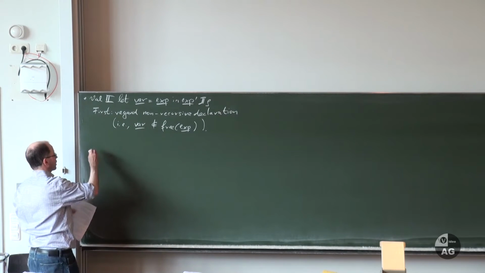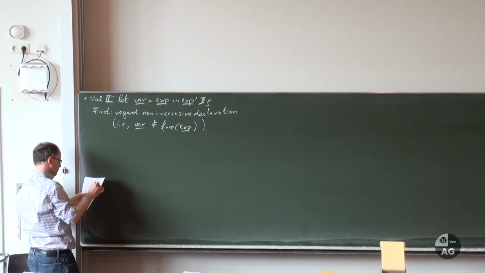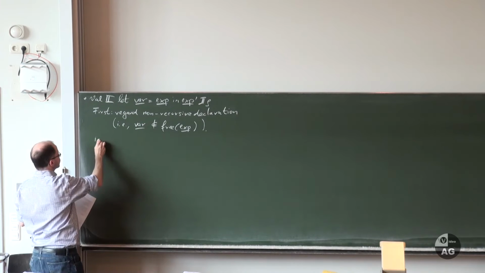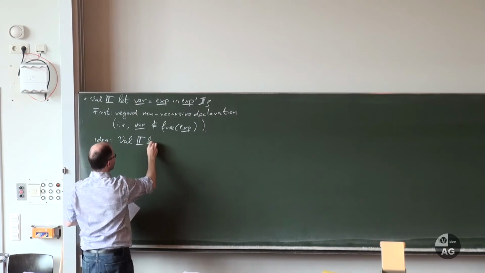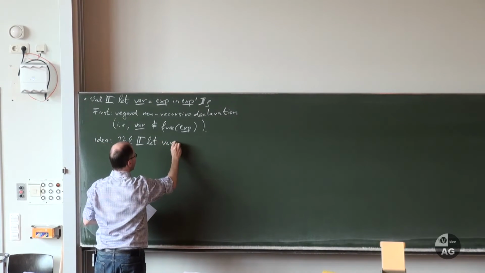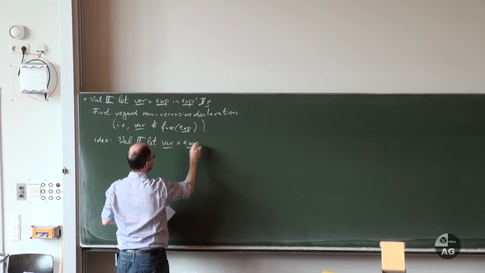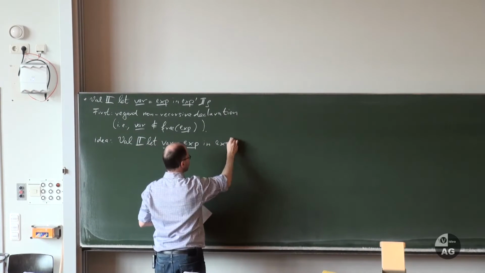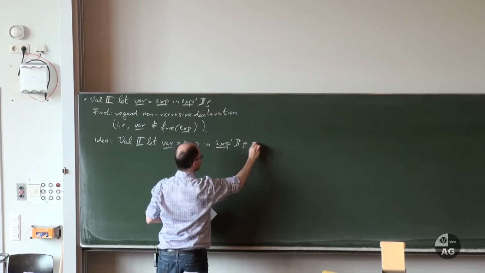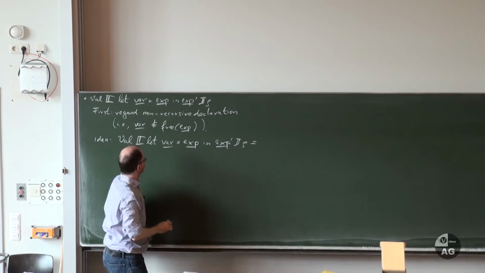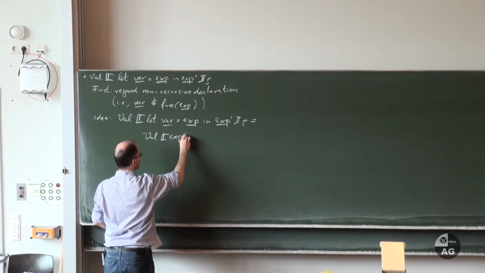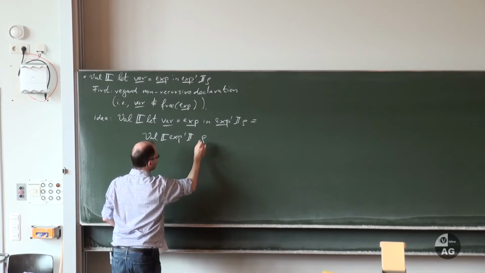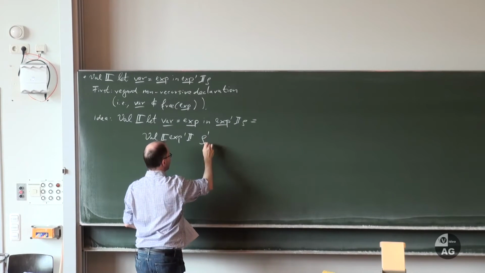So the idea is: the value of this thing, let var equals exp in x prime, should be the semantics of x prime, but not in rho, but in some new environment rho prime.